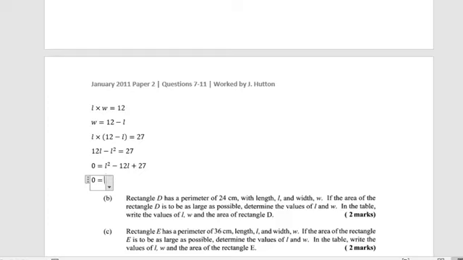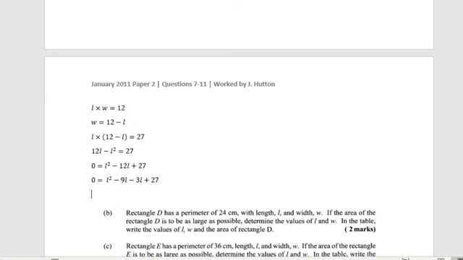So we'll have L squared minus 9L minus 3L plus 27, and then we can go ahead and factorize using grouping.